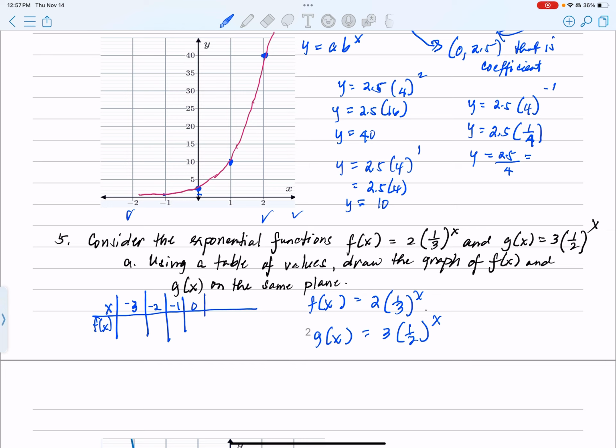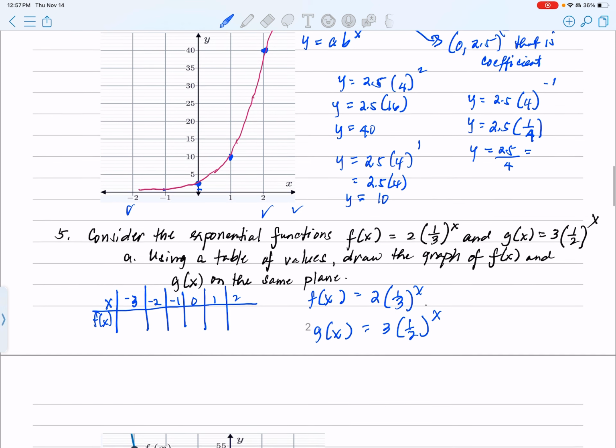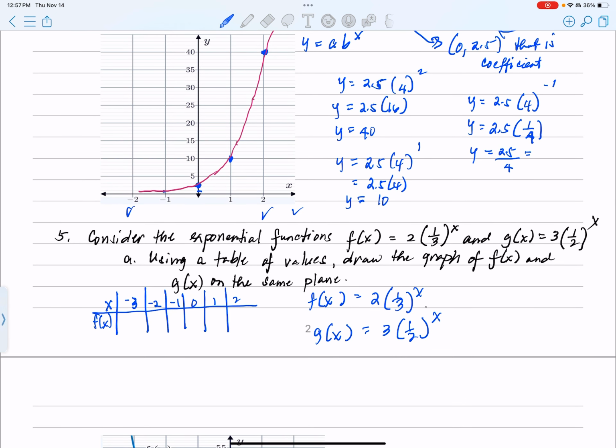I think that would be enough to get the values. So what am I going to do? I will substitute these to get f of x.